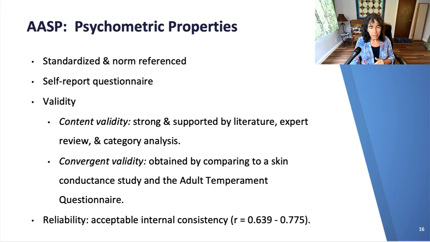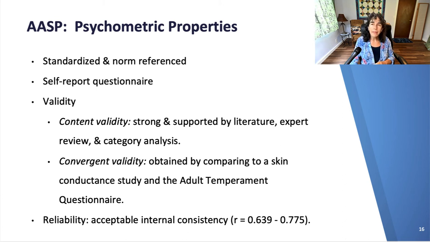The reliability is acceptable. And how we measure reliability is through something called internal consistency. It's measured by Cronbach's alpha, which is basically a statistical test. And it has acceptable internal consistency.